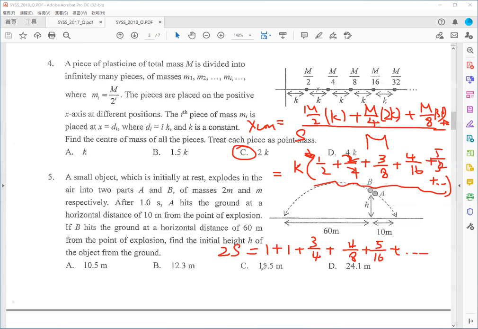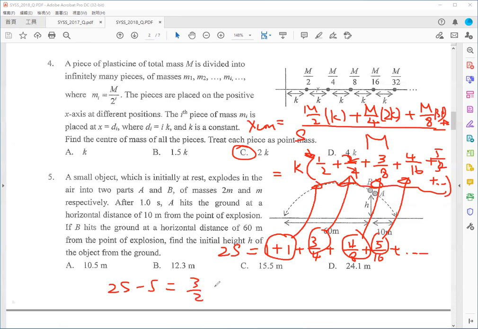Do you see the trick? If you do 2S minus S, you do this term minus this term, this term minus this term, this term minus this term. So what you get is 2 minus 1 half, and then this one is 1 over 4, plus 1 over 8, plus 1 over 16, and so on.